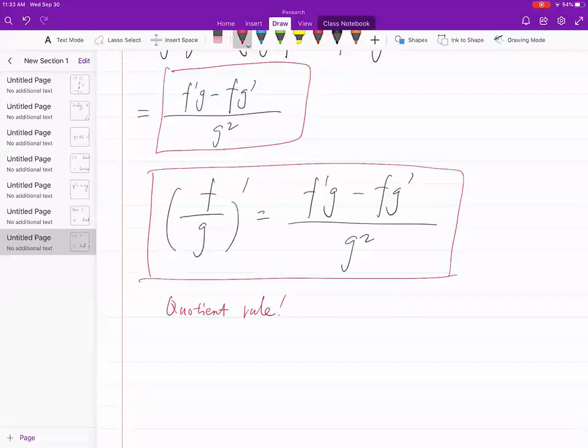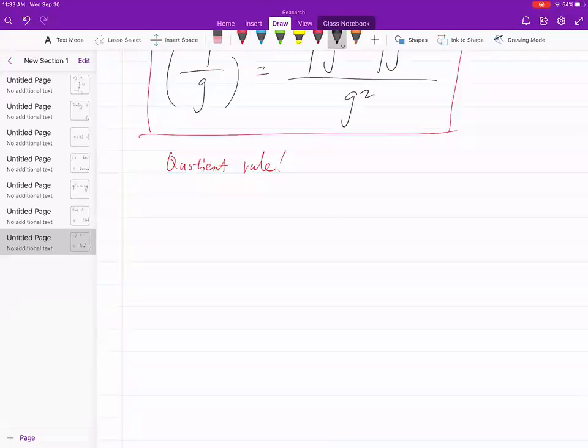Again, we don't require you to do the proof. We just let you see it and see how we do stuff. But the key here is you need to memorize this formula. How do you do that? Well, me personally, I think the top is basically the product rule, right? Except you switch one of the signs to be negative. Second, the bottom is just g squared. It's pretty easy to memorize.